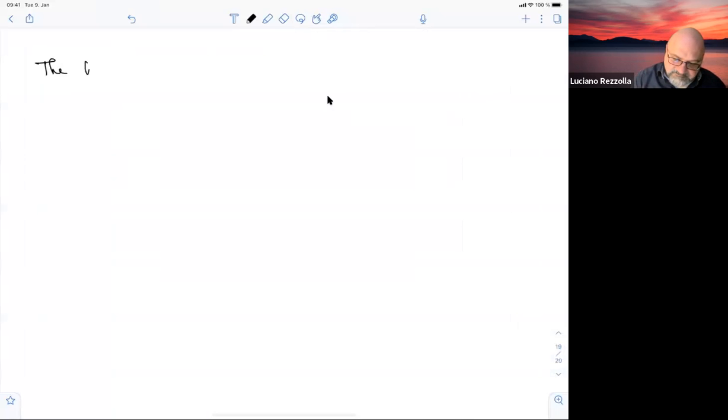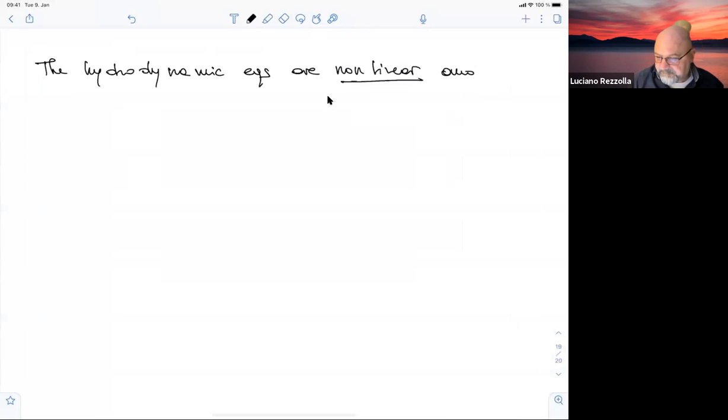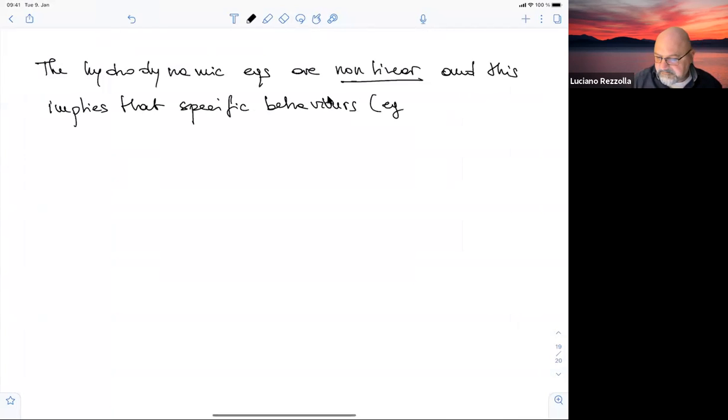The hydrodynamic equations are non-linear. And this implies that specific behaviors, e.g. shock formation, are inevitable.